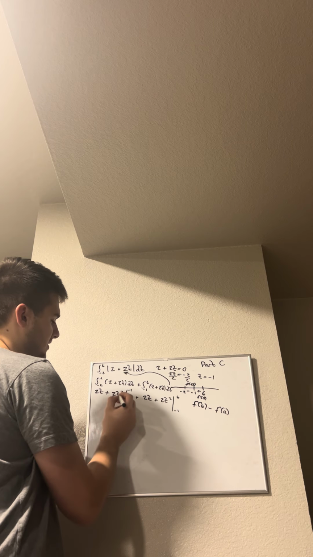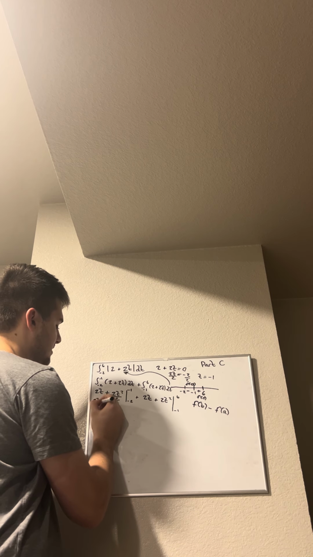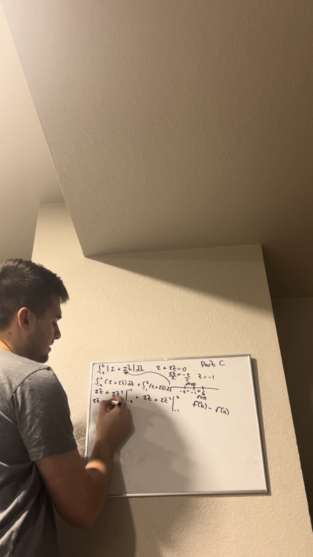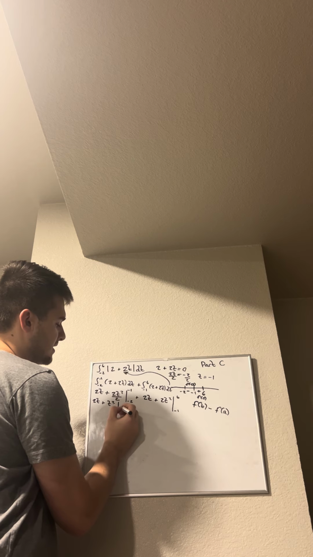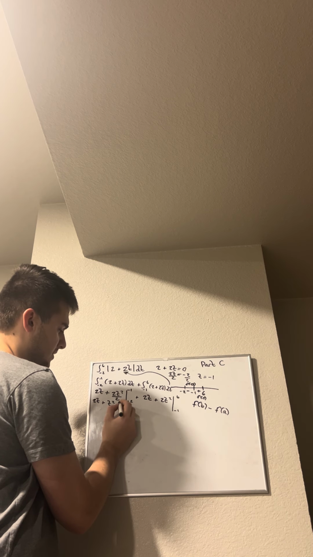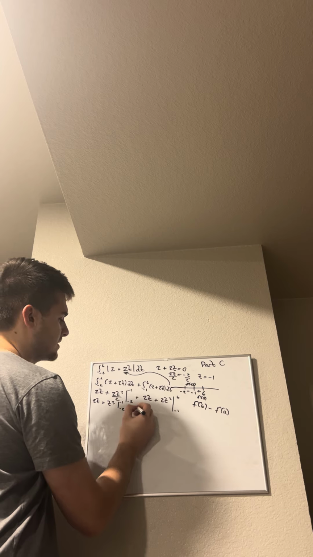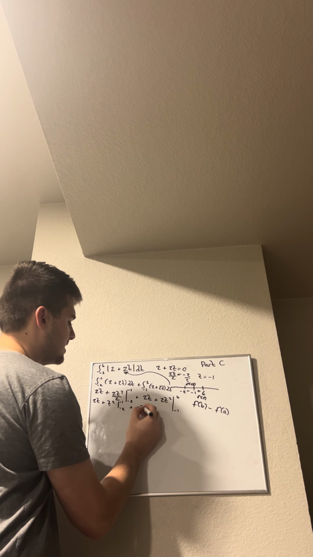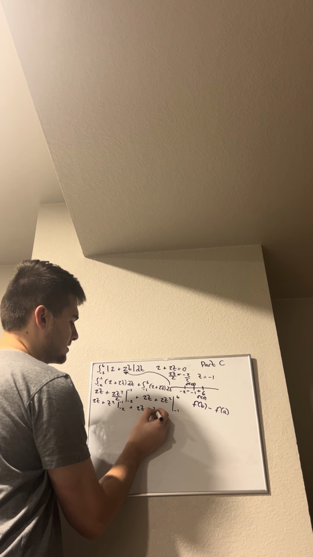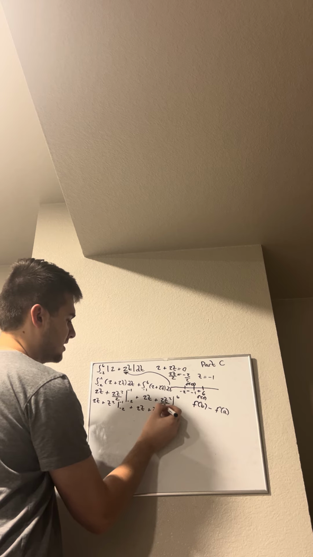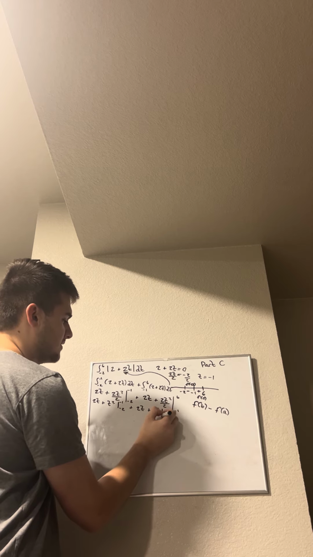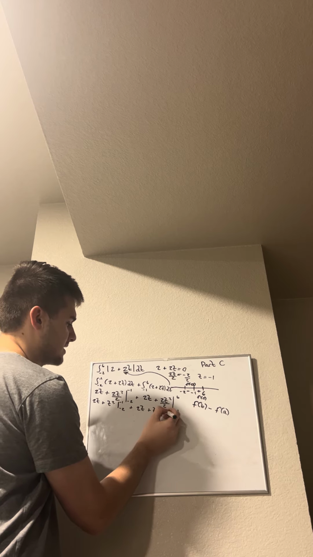We can simplify these: it would be 2t plus t squared from -2 to -1, plus 2t plus t squared, oh, forgot to put it right here, from -1 to 6.